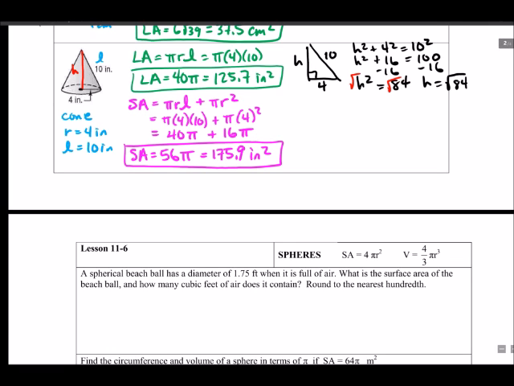And now we can simplify 84: the square root of 4 times the square root of 21. So this would equal 2 square root 21 inches. Let's write that over here a little bit better. So our height equals 2 square root 21 inches.